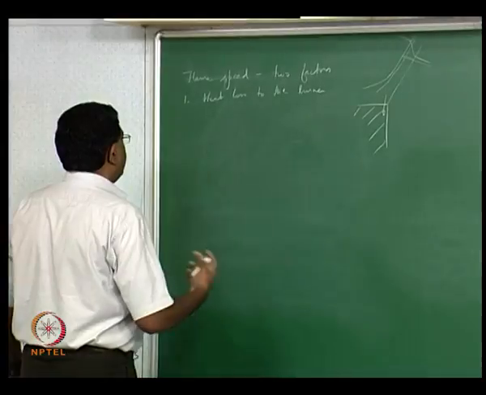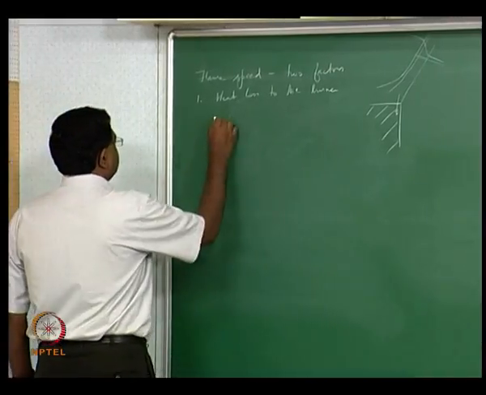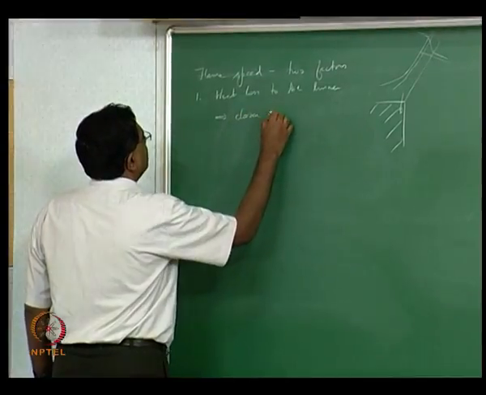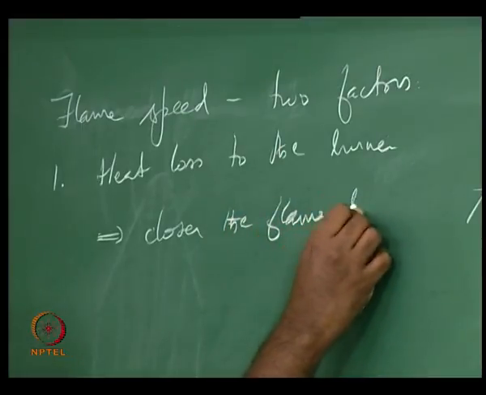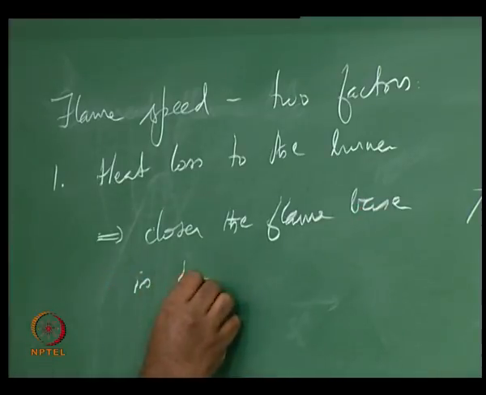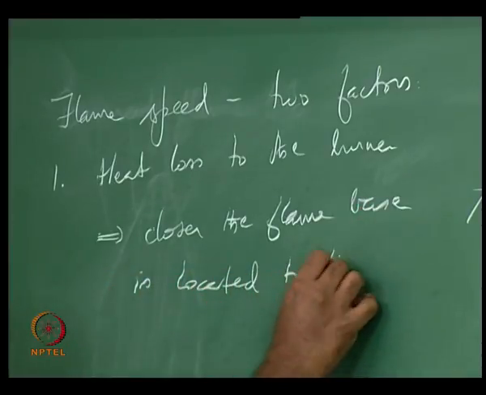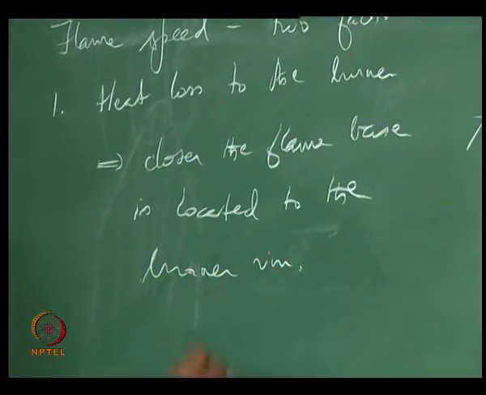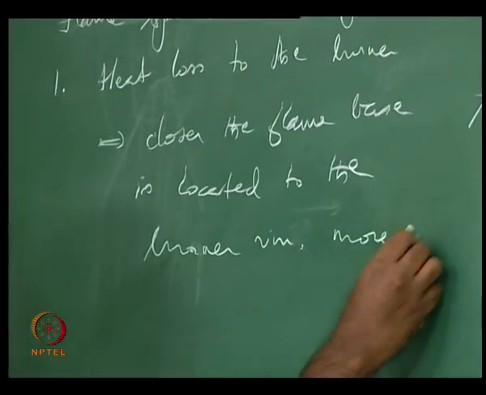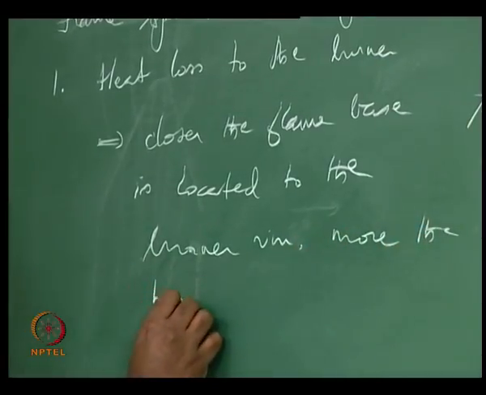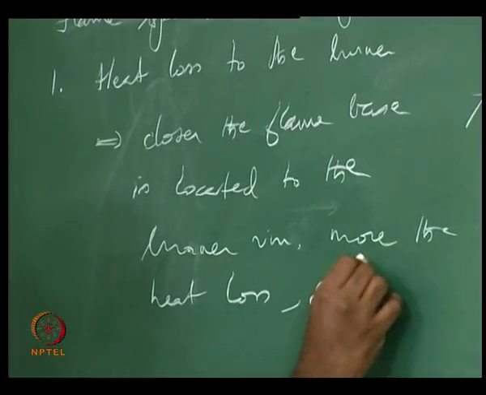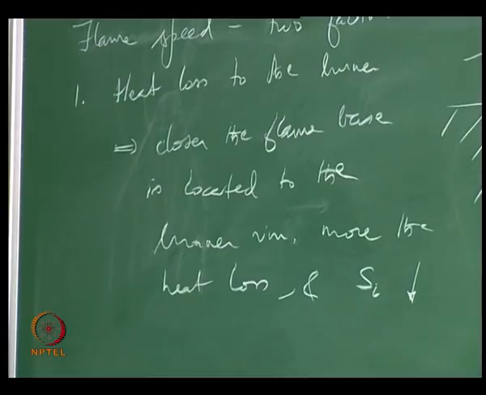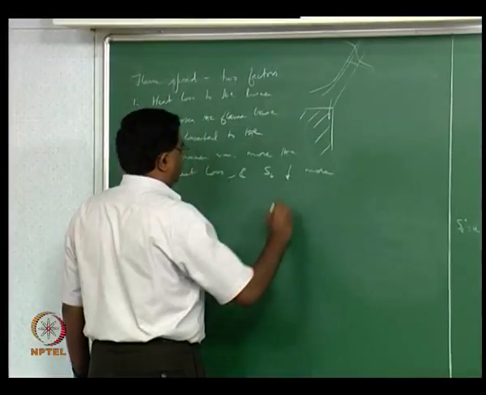The heat loss to the burner basically means that the closer the flame base is located to the burner rim, the more the heat loss, and S_L decreases more, right? The decrease in S_L is more.